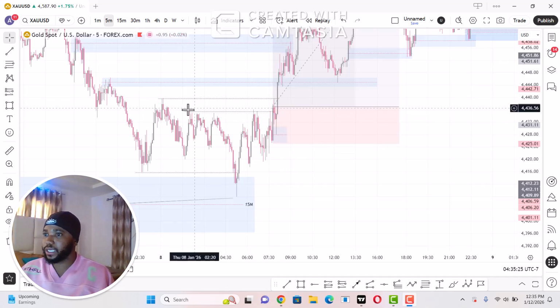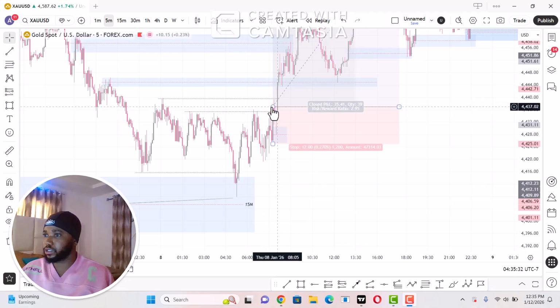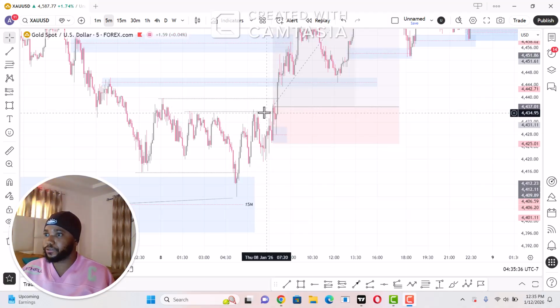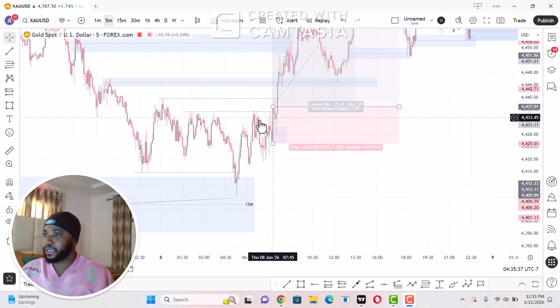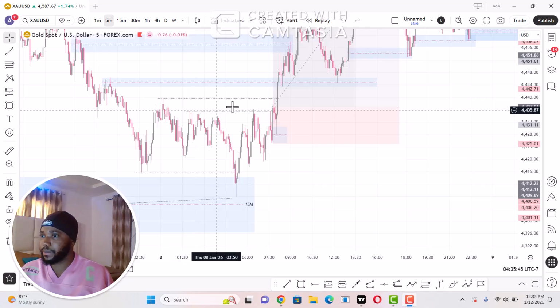But when I saw the market reacting in this area, I thought the market wanted to continue this uptrend. The market kept retracing, falling down to this area, and I was like, okay, anytime the market takes out this high, I'm going to react.